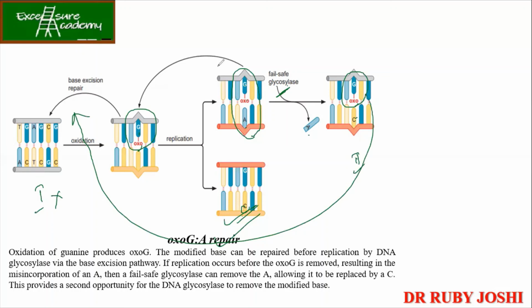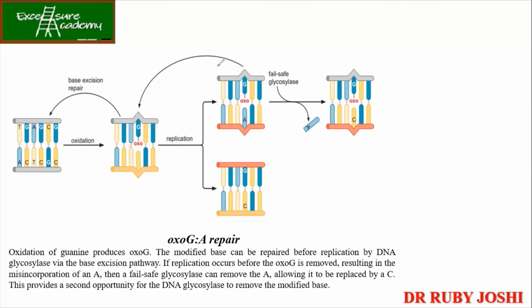Are you confused? Let me say it once again, okay? See, normally when your DNA replication is happening, because of the oxidation, the base G here has become G-oxo. It should undergo the base excision repair mechanism to become normal. In case this is not happening, then what will happen in the replication?